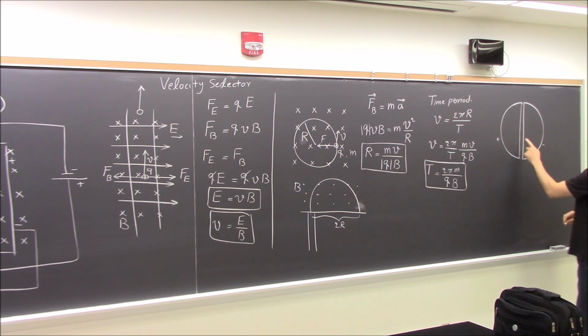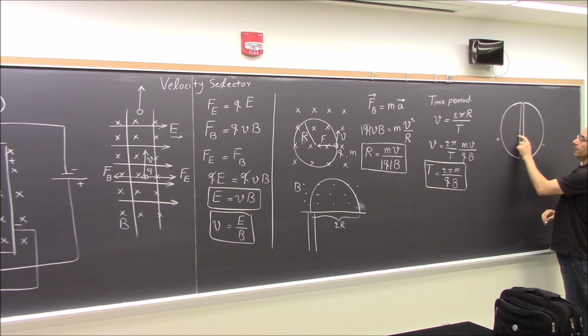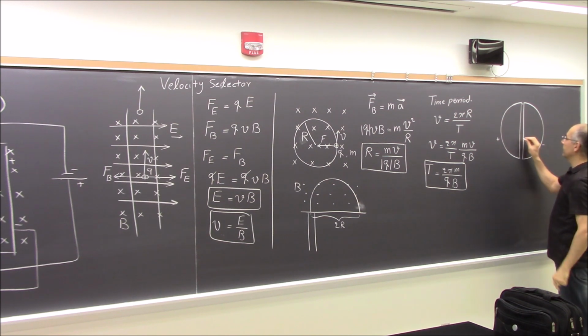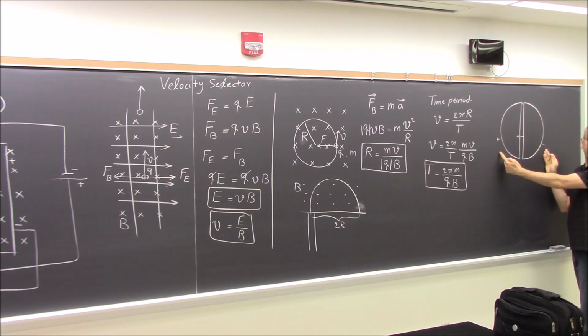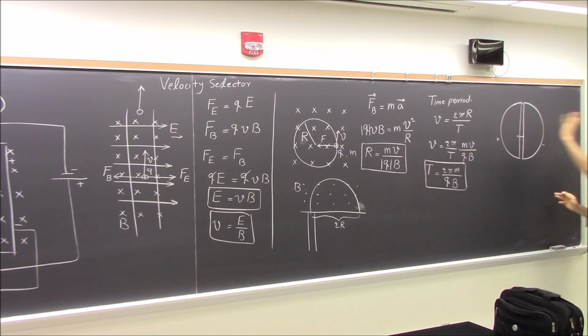And then let a particle be released from the positive charge, and it goes to the other side. Because of the potential difference, it gains some speed. And then put a magnetic field vertically this way.